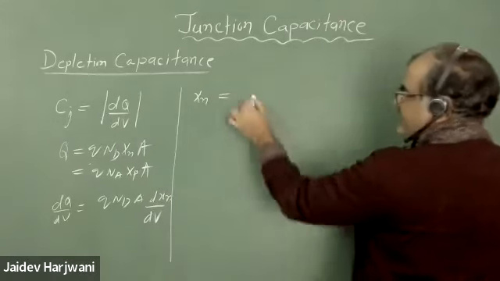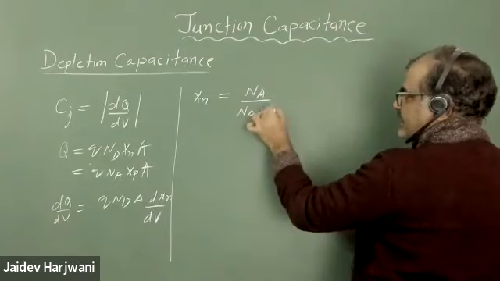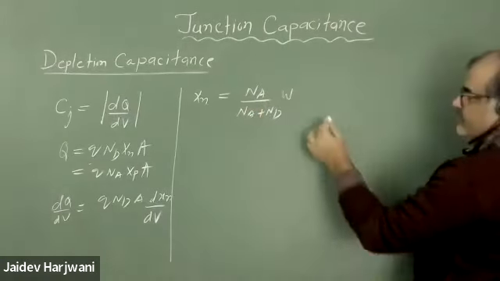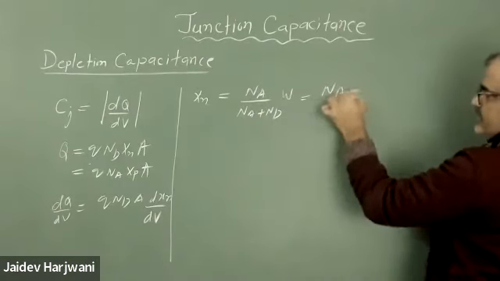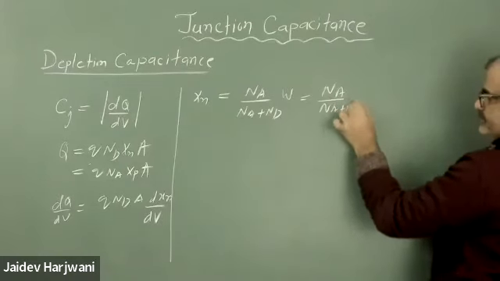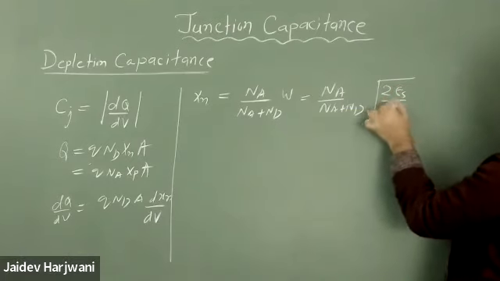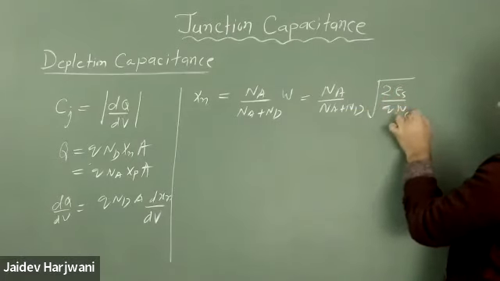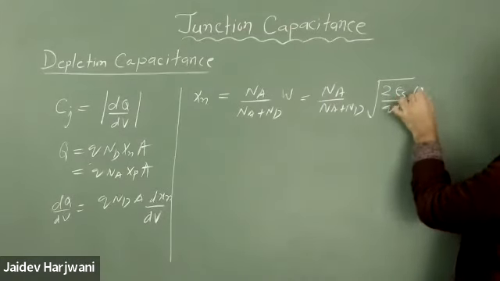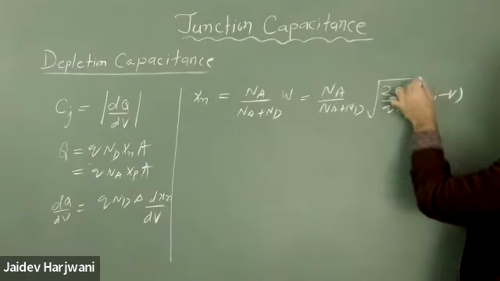We have seen yesterday, xn depends on Na upon (Na plus Nd) times W, and W is again a function of voltage: W is the square root of 2 epsilon S upon q N effective times (VBI minus V), a general expression.